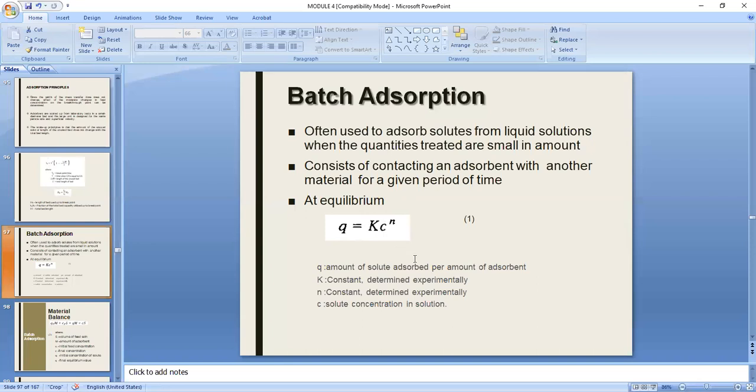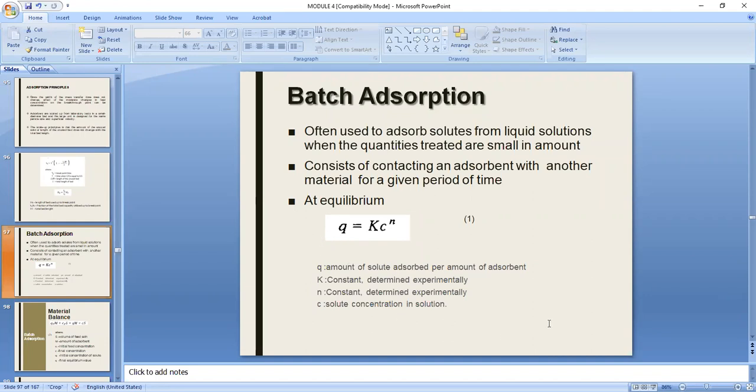If you recall our discussion last year, in determining this K and N, we are provided with a pair of data, the Q and the C, and the treatment is very much similar to being given the rate and the concentration in kinetics. That way we can find the N and the K. So this is at equilibrium.